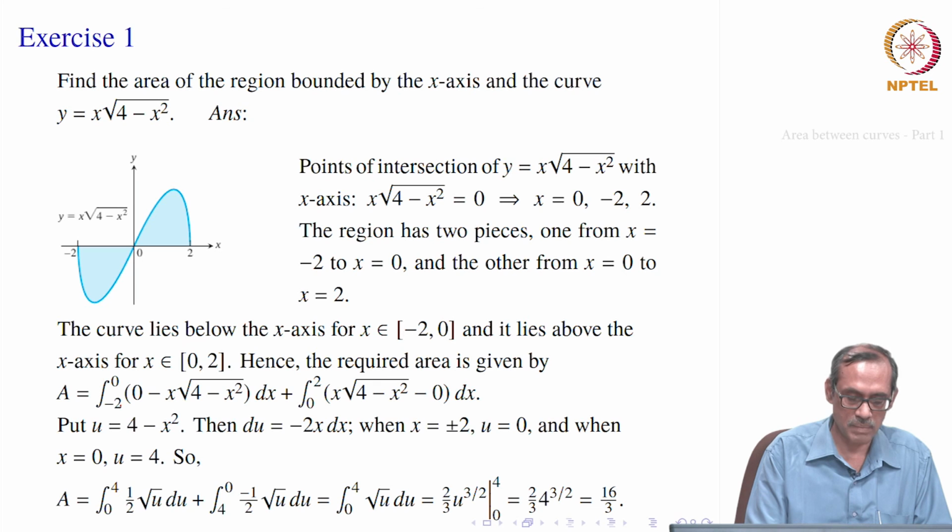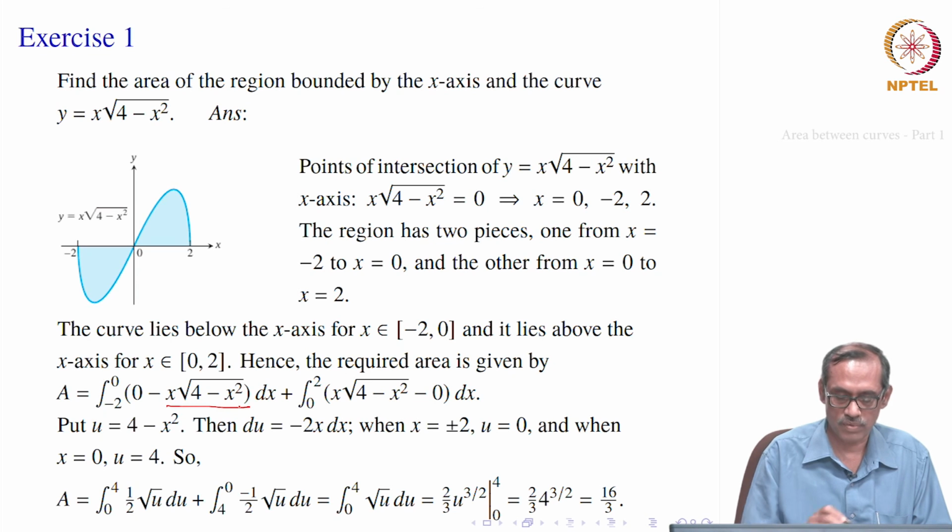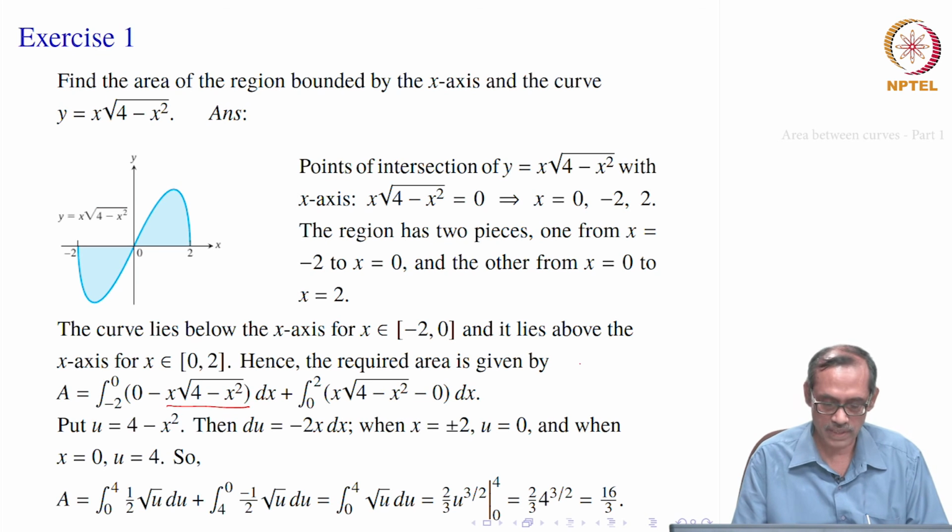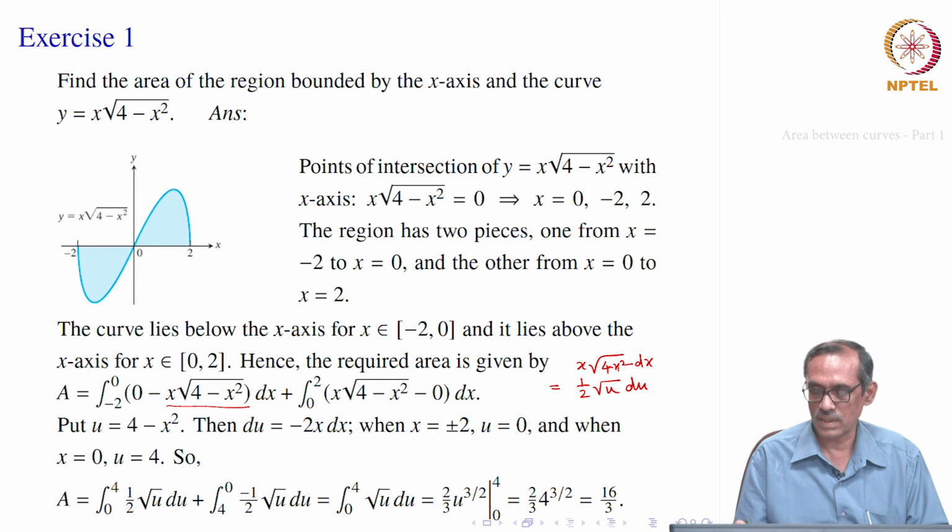The limits minus 2 to 0 now become 0 to 4, and this is x square root of 4 minus x square dx. So, this differential will be written as half square root of u du. Let us see whether that is correct. When you come to u equal to 4 minus x square, you get du equal to minus 2x dx.